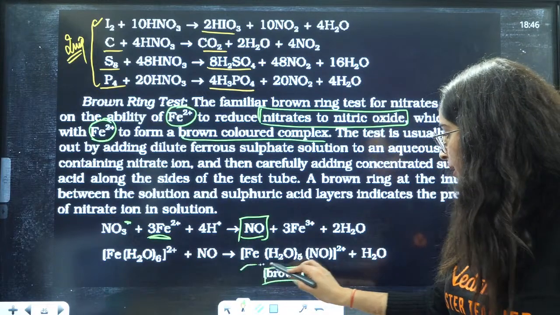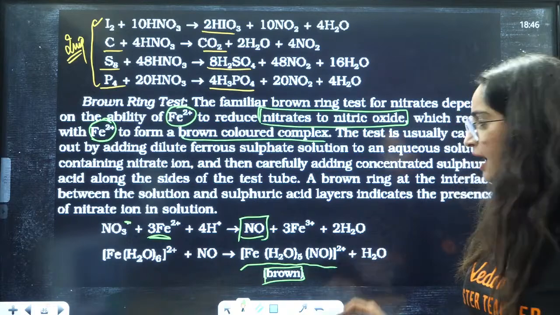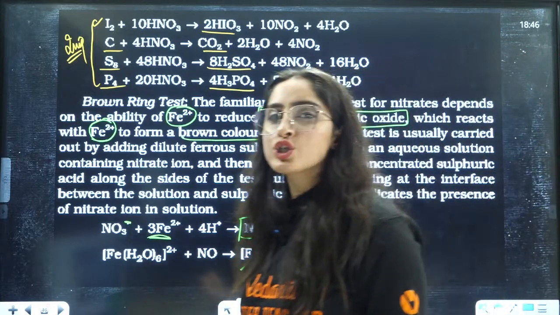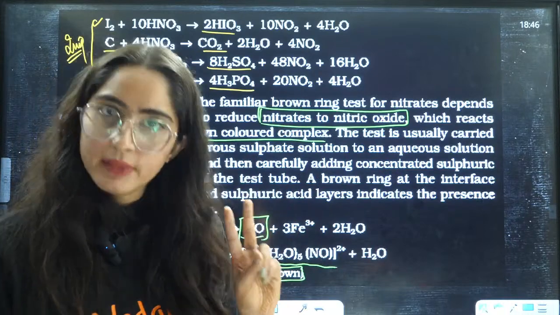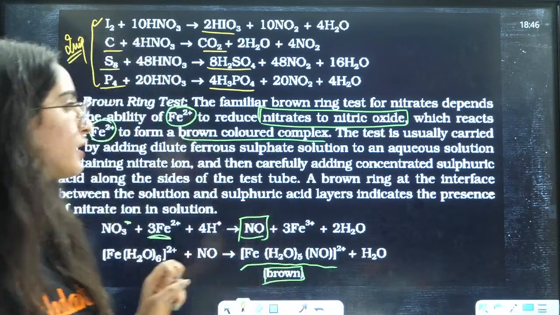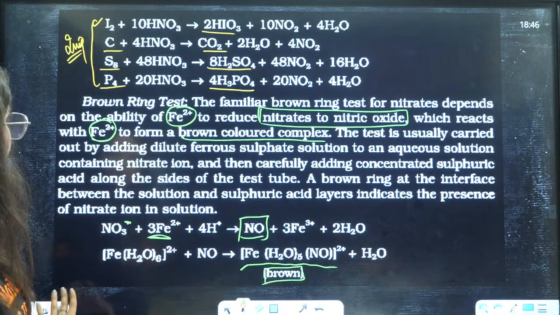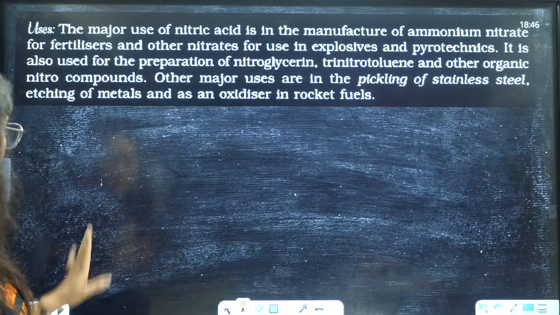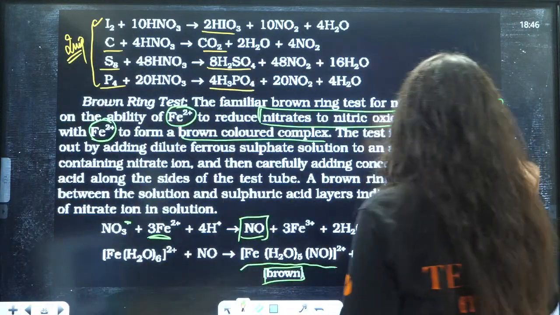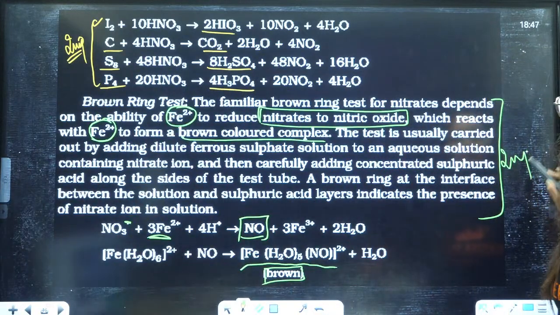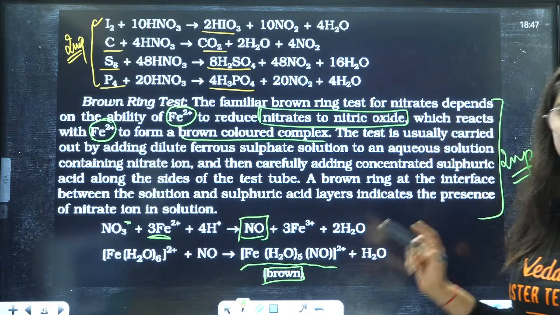So it is forming this kind of complex, which is having a brown ring. So it will tell you that you have Fe2+ ions here. Okay, understood? This is important. The brown ring test is important for you, right? It is used for the identification of Fe2+ ions.